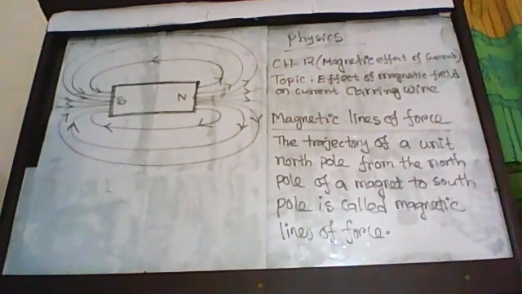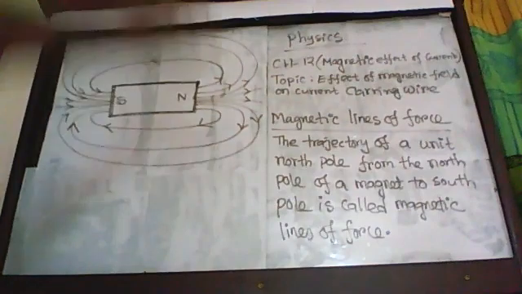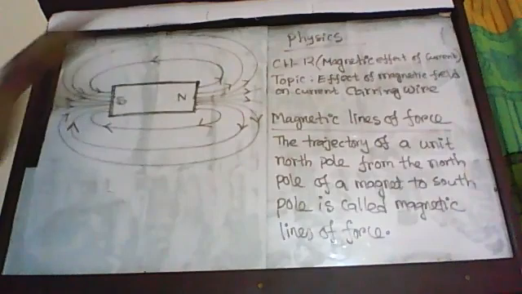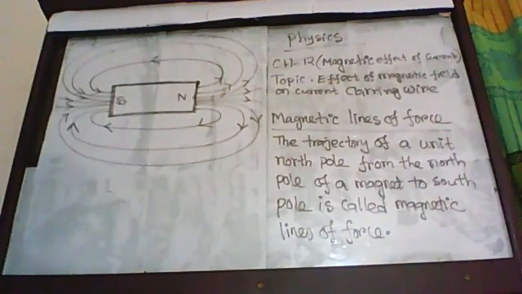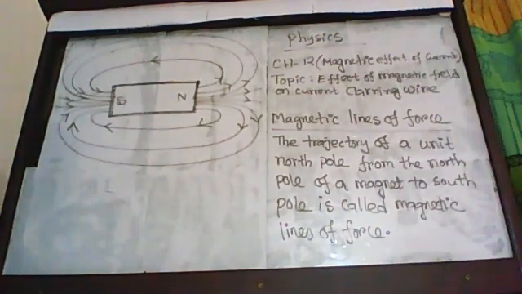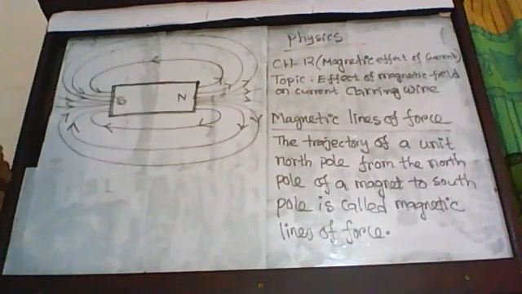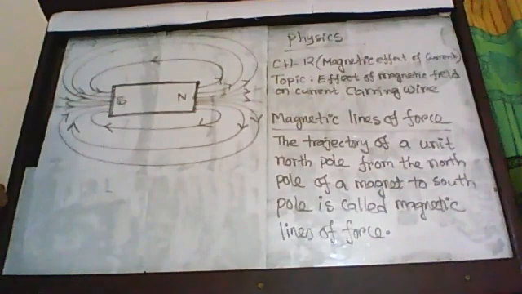The area around this magnet in which the magnetic lines of force can stay is called the magnetic field.